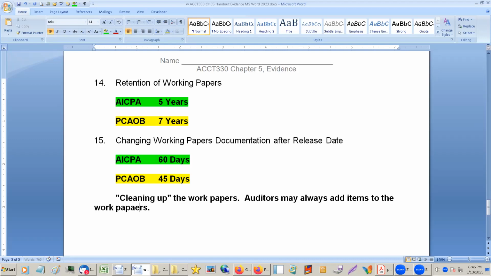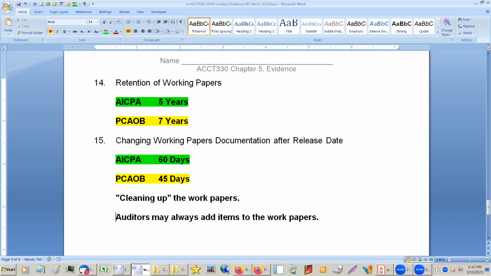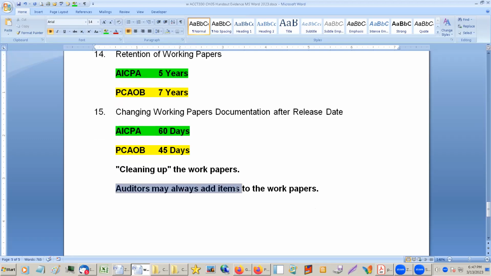So for instance, as time goes on, things change for the client. Maybe they acquire a new subsidiary or something like that. You can always add things to the work papers. You cannot take anything away from the work papers though after 60 and 45 days.